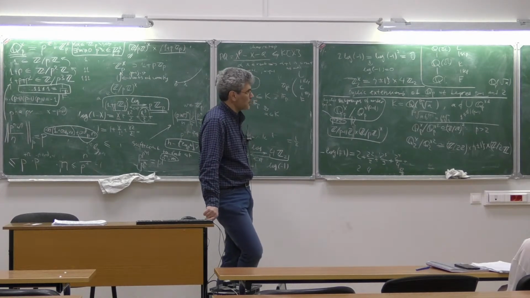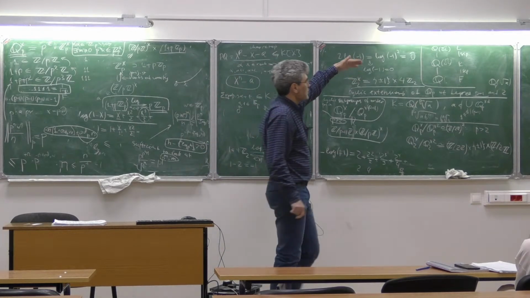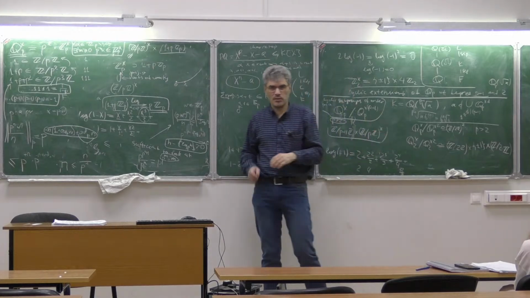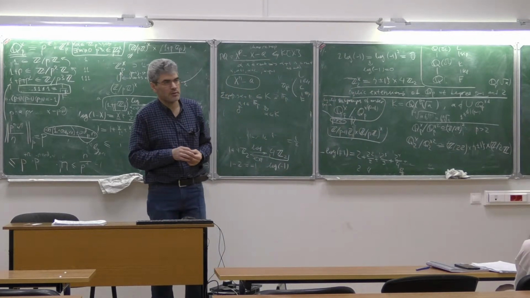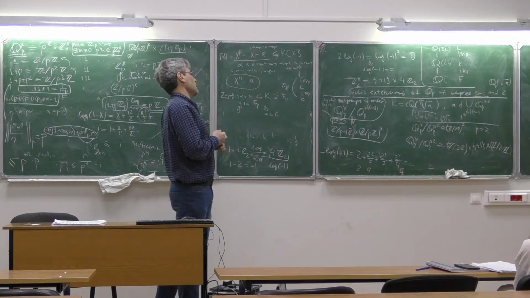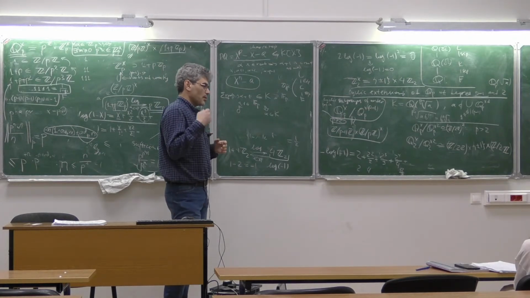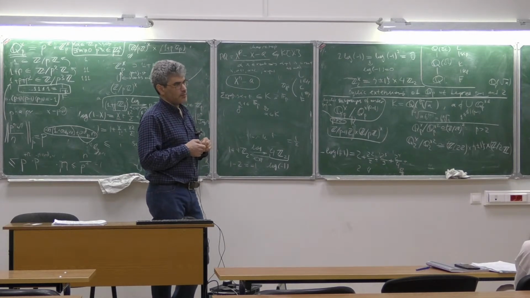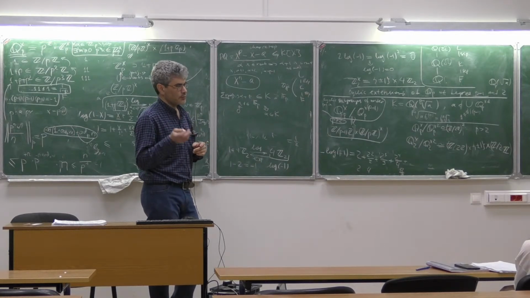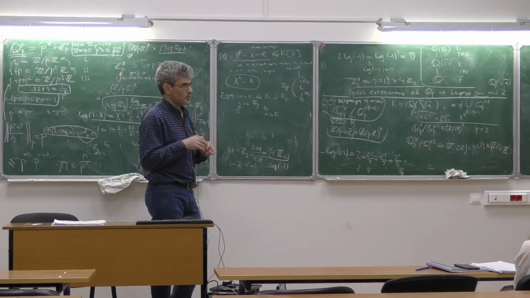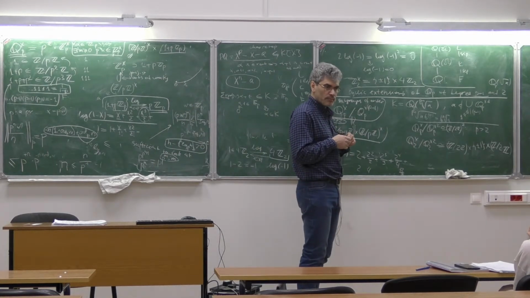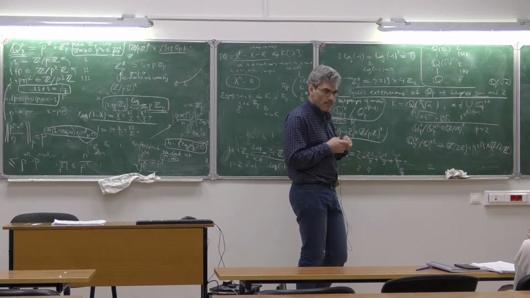Yeah, so you define separable elements. Separable extension is such an extension that any element of this extension is separable. And separable means that its minimal polynomial doesn't have multiple roots. We can say that it's coprime with its derivative.